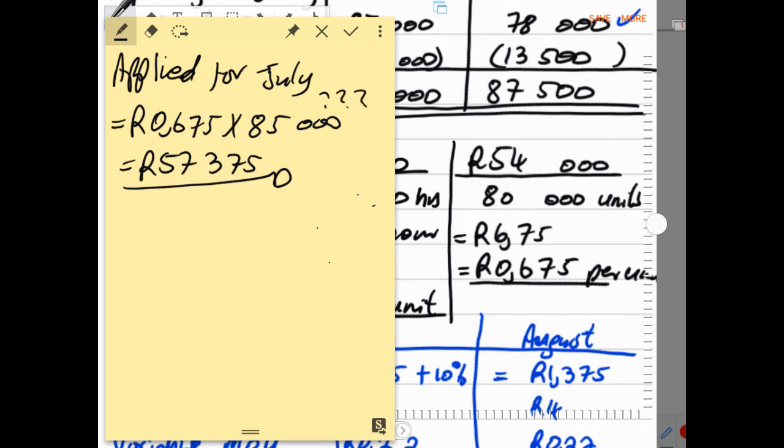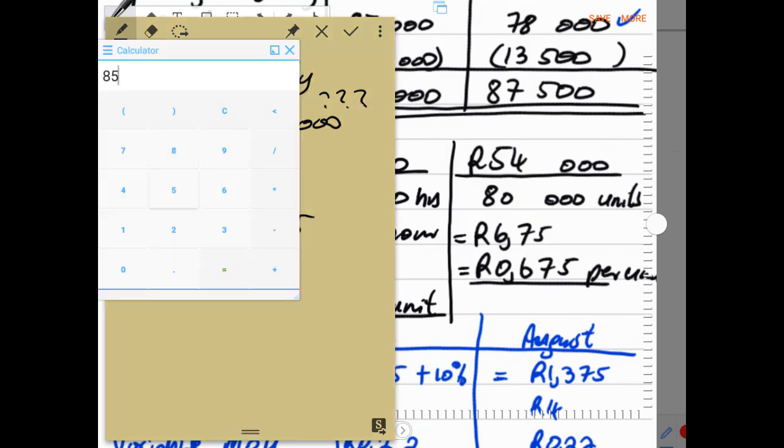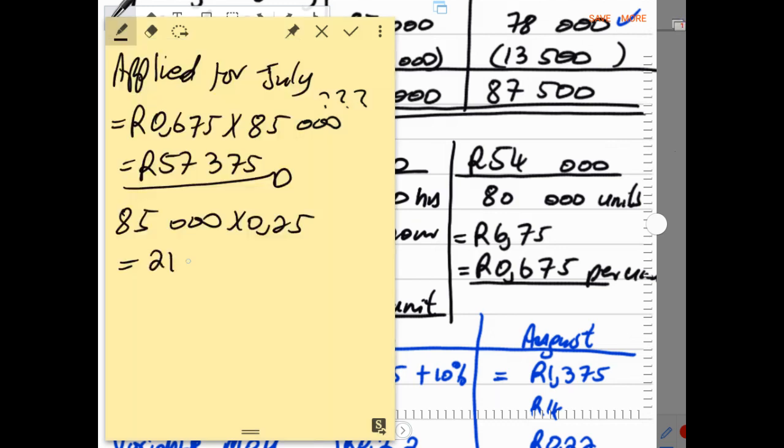So if we are applying based on the information that was required, we first have to convert the 85,000 units that were produced into hours, at 0.25. Then we get to know how many hours it takes to complete 85,000 units, and we already know that it is 21,250 hours.